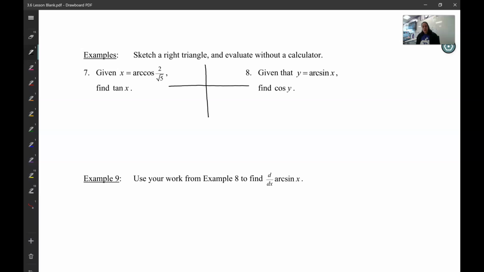So cosine, if you remember, is adjacent over hypotenuse, or the x value divided by the radius. So I'm going to do something where my x value is 2, make a triangle, and my radius is root 5.